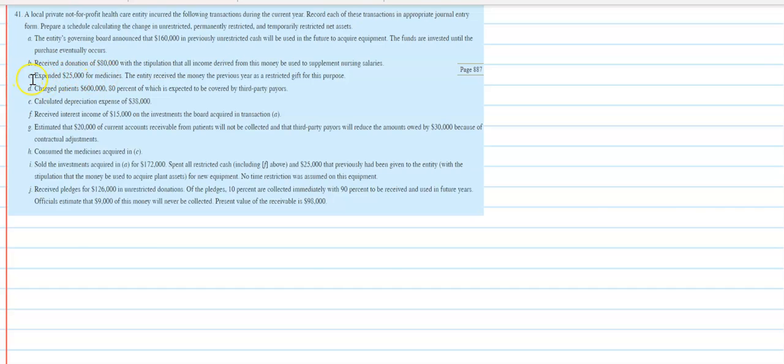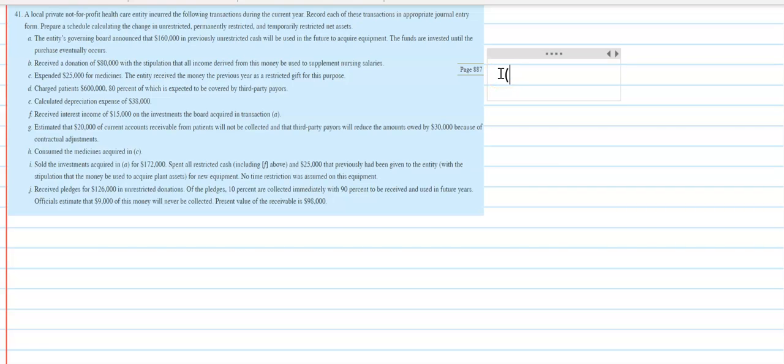If you look back at entry C, now they consumed it. So it's a kind of supply expense and they spent all those medical inventory. And if you look at the price, it was 25,000 that they spent to buy those medicine inventory. So this entry will be very straightforward.